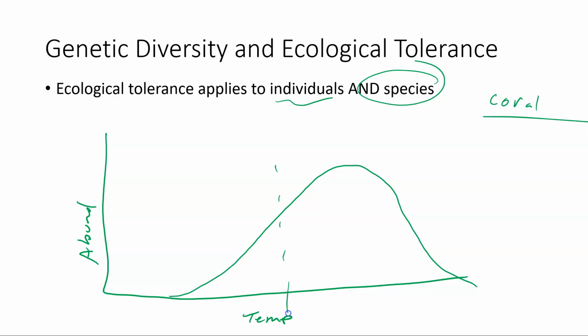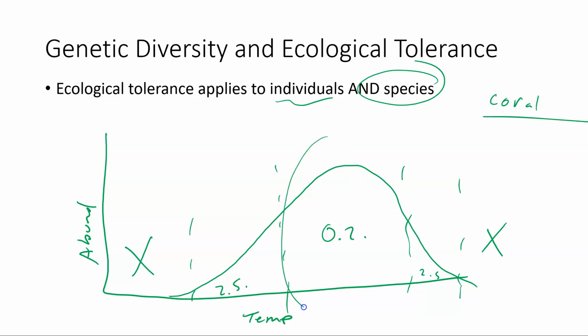Right? So we've got our optimal zone, and we've got zone of stress and zone of stress, and then we've got intolerance, intolerance. Okay? So right now, the vast majority of our corals are well adapted to temperatures in this range.